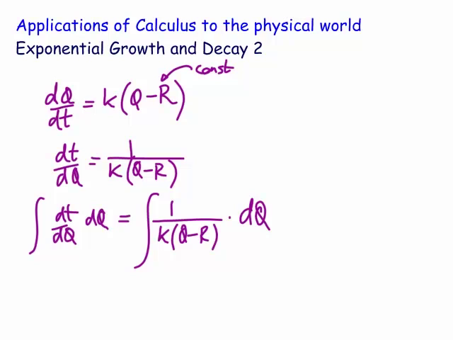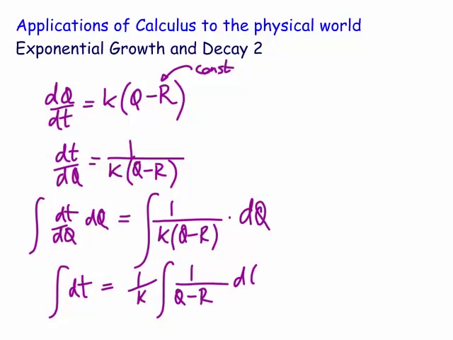So what do we do now? You can see this just simplifies to dt. We can take the 1 on k out, and then we get this integral here, which is a log, the integral of 1 on (q minus r) dq. So we now end up with t equal to 1 over k times ln, log to the base e, of (q minus r), plus this constant of integration c on the end.